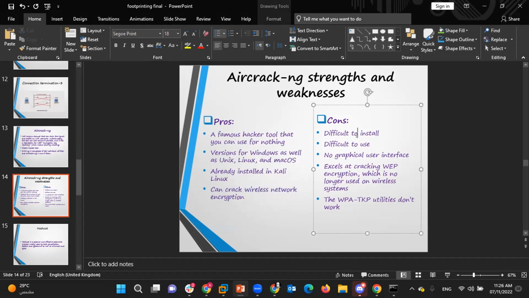Okay, now let us know about the cons, or disadvantages, the aircrack weaknesses. What about it? It is difficult to install. It is not easy to install on your device.